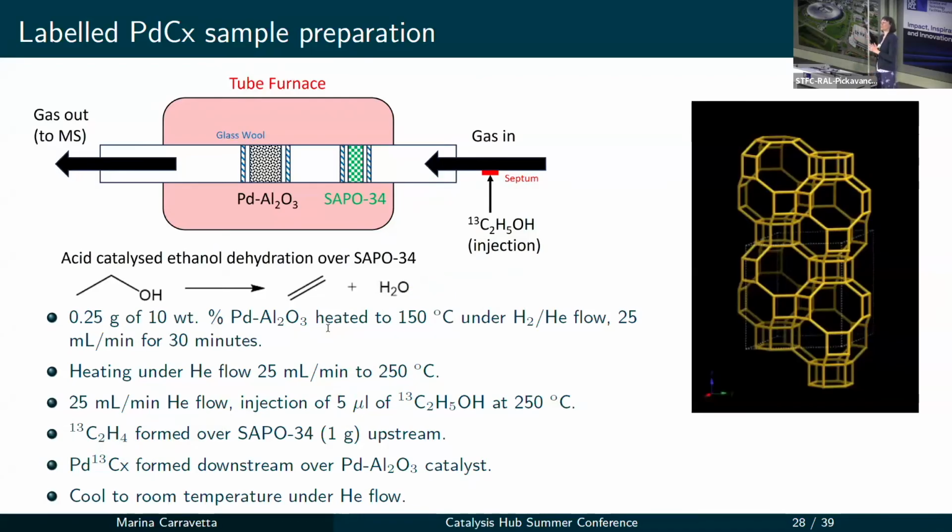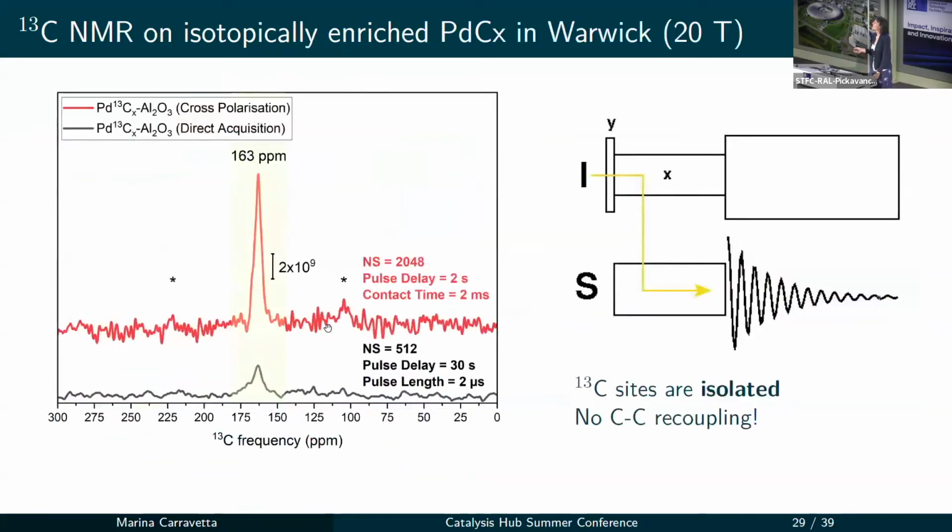Now, that is what we expected to have formed. One thing is to actually put it together like that, but then it needs to be verified. So once we completed the procedure, we went to acquire the NMR data. And there we have it. These experiments were performed at the high-field facility in Warwick, 20 Tesla, so an 850 megahertz magnet.